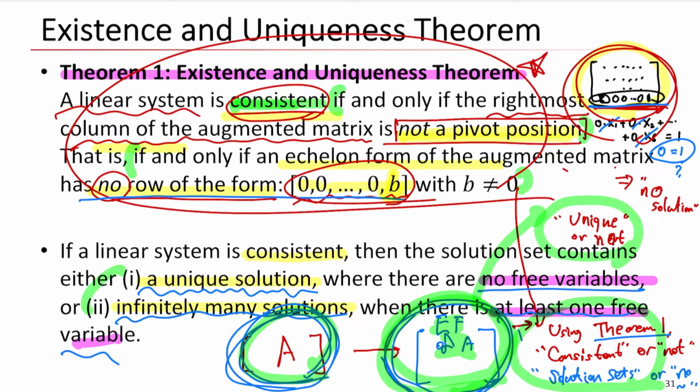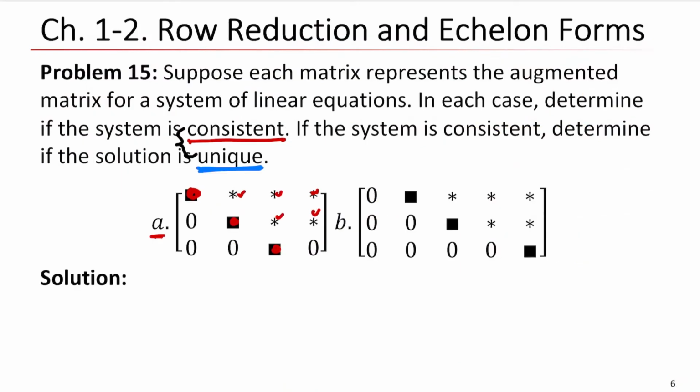What does it mean? Let's see this row. If this value b is not 0, then this row gives something like 0 times x3 is equal to b.